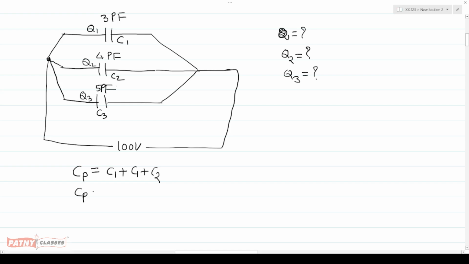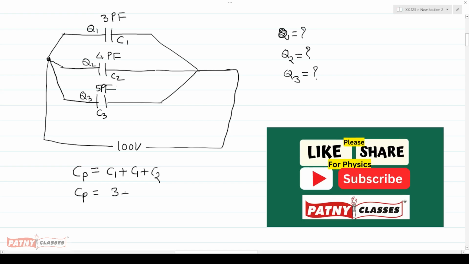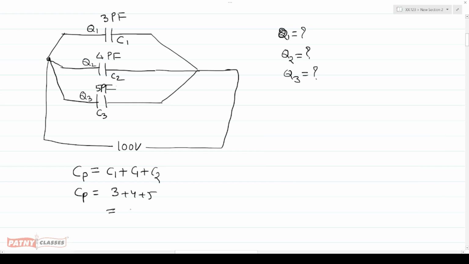So Cp equals 3 plus 4 plus 5, that equals 12 picofarad. So the equivalent capacitance of the combination is 12 picofarad. What we need to find is the charge on the first capacitor, the second capacitor, and the third capacitor.